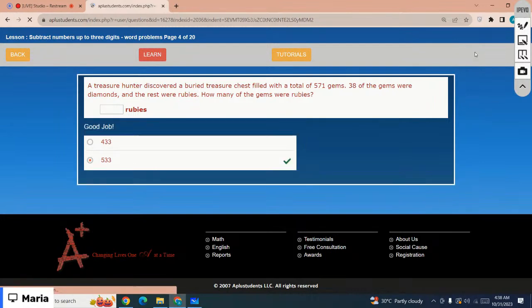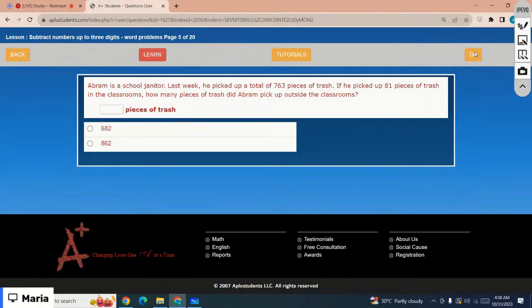Okay, the next one is Abraham is a school janitor. Last week, he picked up a total of 763 pieces of trash. If he picked up 81 pieces of trash in the classroom, how many pieces of trash did Abraham pick up from outside the classroom? Which is the correct option? The correct option is 763 minus 81.